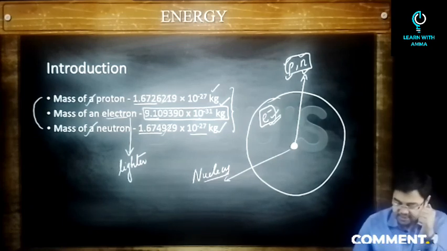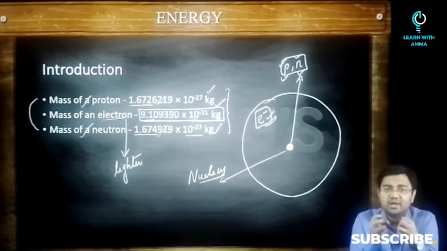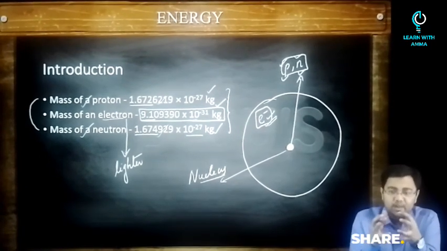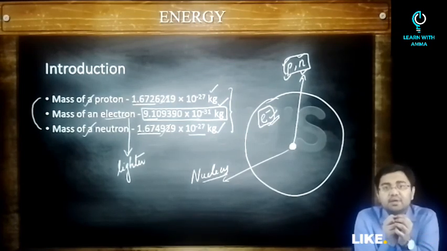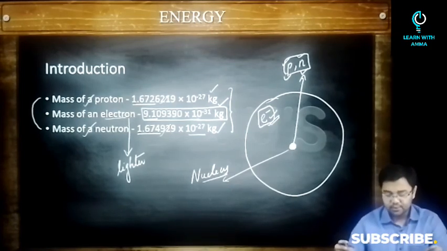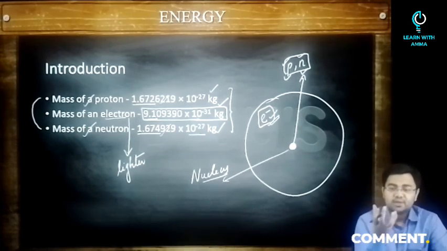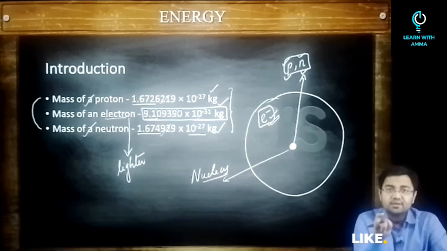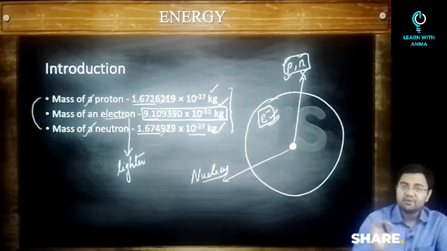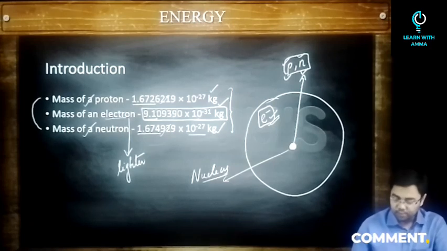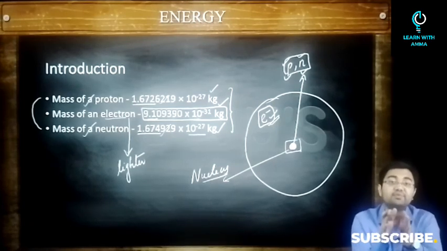Since the mass is very highly concentrated, the amount of energy binding this compartment, that is my nucleus, is also very, very high. Since this is so high, the nuclear energy contained in the nucleus is a very high energy source. So if I try to break this nucleus, the amount of energy that will be released will be very high.